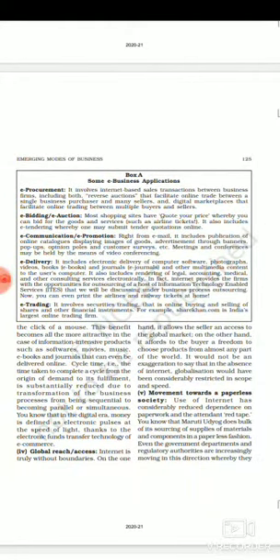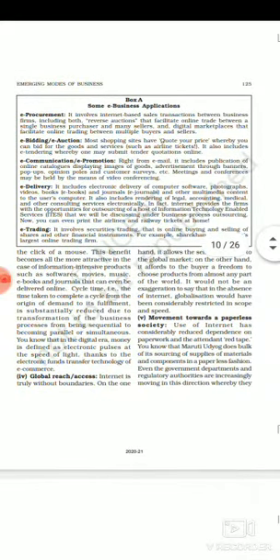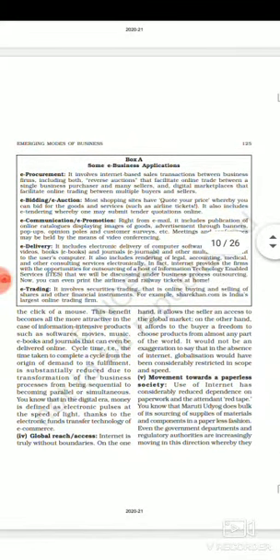Now the next is global reach. When we talk about traditional business, we can take the example of any shop. This shop can be accessed by people who are living nearby, but it cannot be accessed by people who are very far away from that. So it makes the business available for limited people, right?